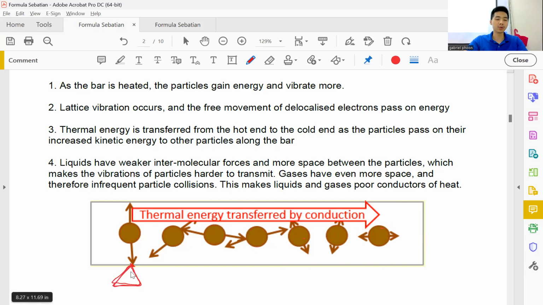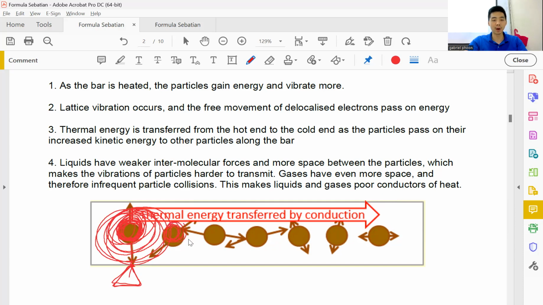What happens is, as soon as I start heating it up, this specific particle starts to gain energy. And when they gain energy, they will vibrate in fixed position until they can pass on energy to the adjacent molecule, the molecule beside it. So this one will get energy already, right?